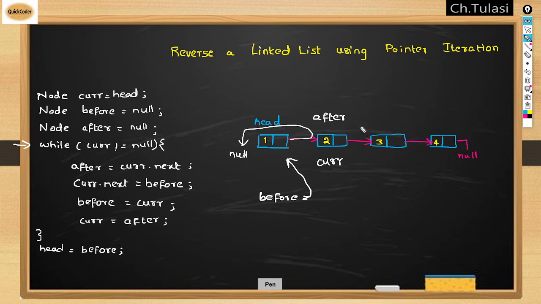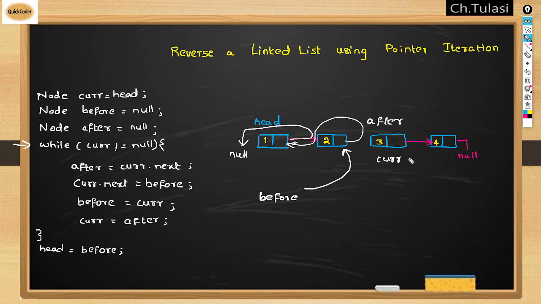So I will move after to current dot next, and now current dot next will point to before. Now my before will point to this current.